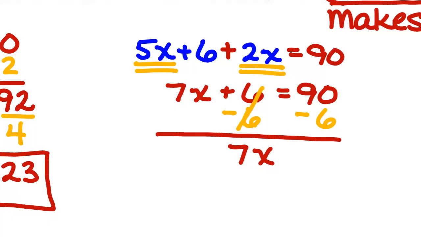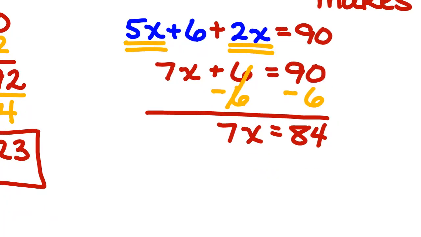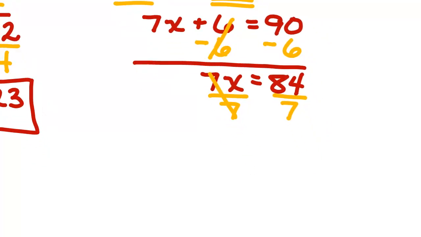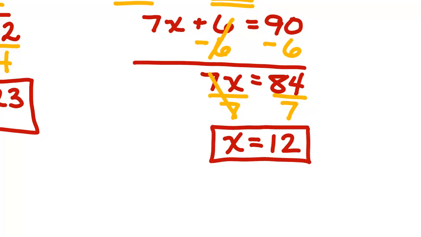I get 7x equals 84. And then we divide both sides by 7. What is 84 divided by 7? 12. Nicely done. All right.